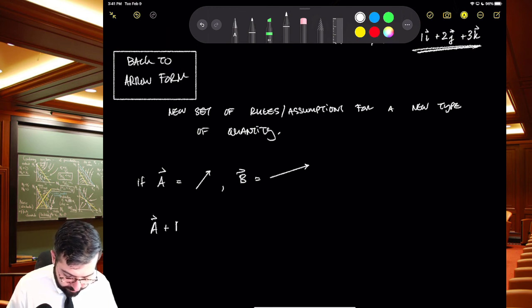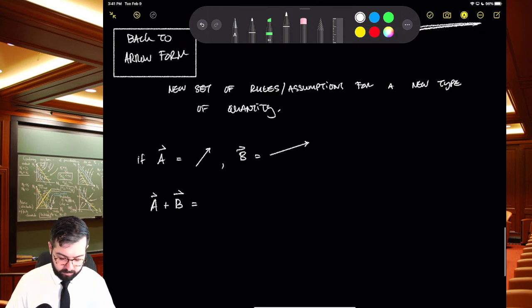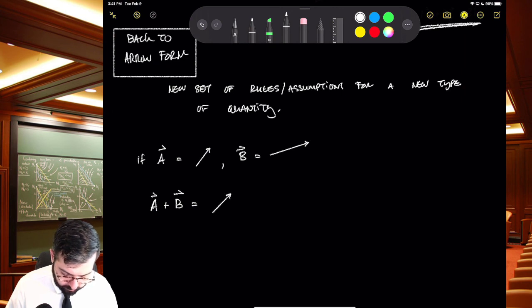How are we going to define A plus B? Does anybody remember how we do this? If you want to do it by drawing it, you literally just draw them out one on top of the other, and then, if I remember correctly, the final vector ends up being the one that's drawn from the tail of the first one to the tip of the second one. Yeah, absolutely.